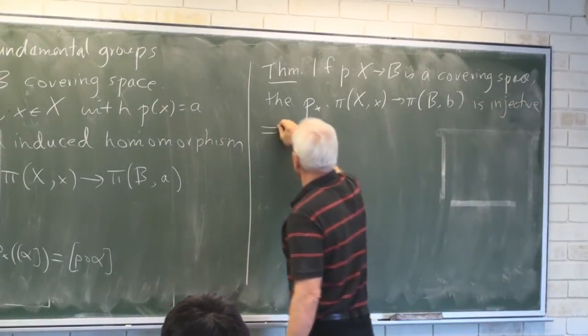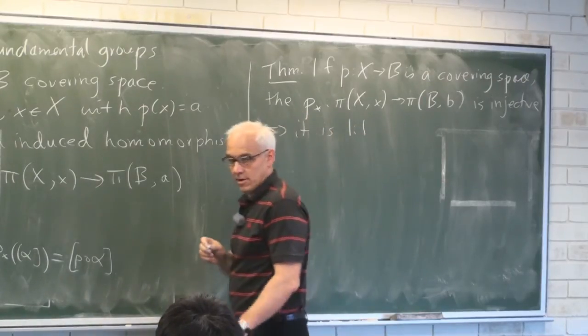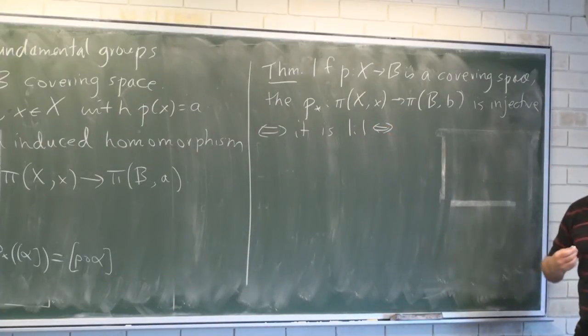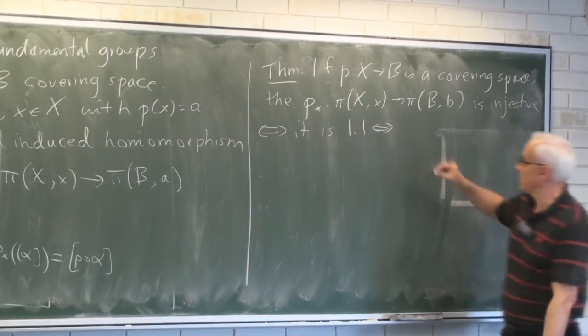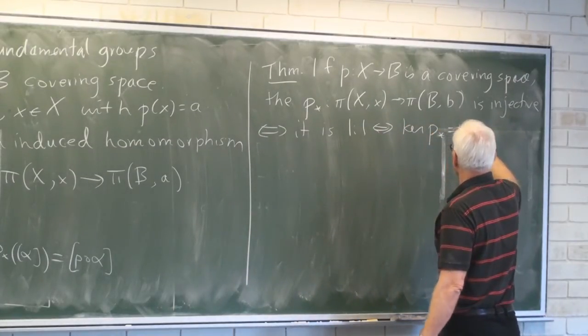That's the same as saying that it is one-to-one. And because it's a homomorphism, that's the same as saying that its kernel is the identity. The kernel of P star equals the identity.